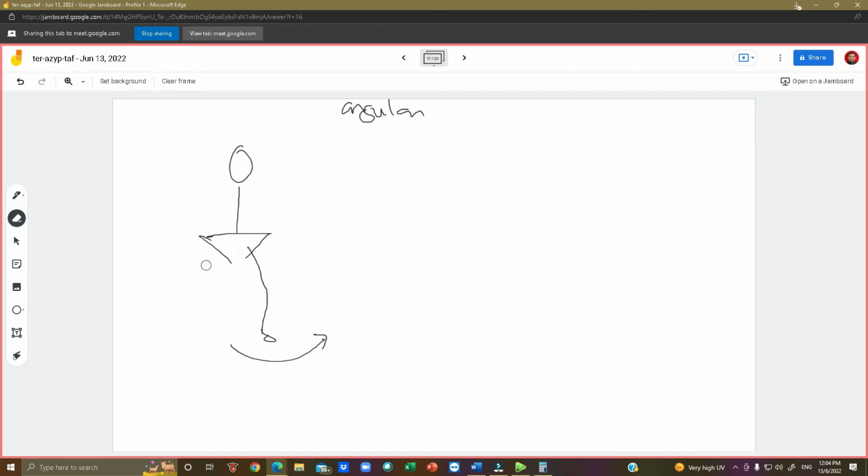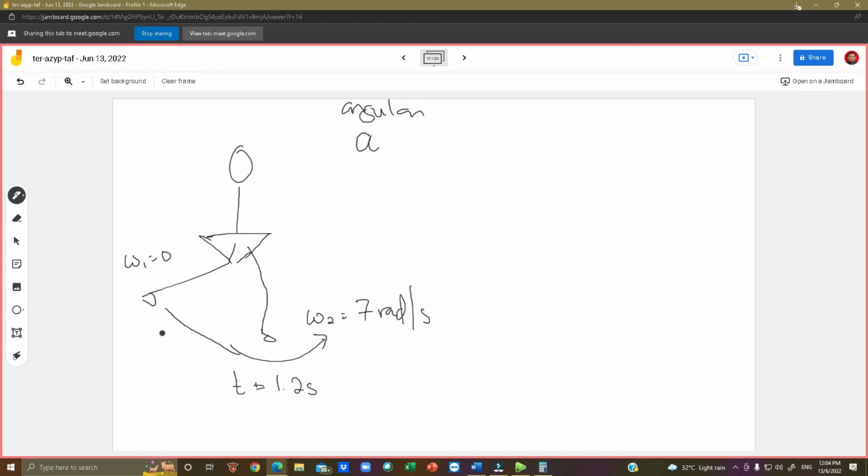We go with one big swing from here forward. So let's say omega 1 for this leg is 0, and this action ends up with omega 2 equals to 7 radian per second. And this action occurs in 1.2 second. So what is the acceleration of the leg? What is the value of the acceleration at the hip?